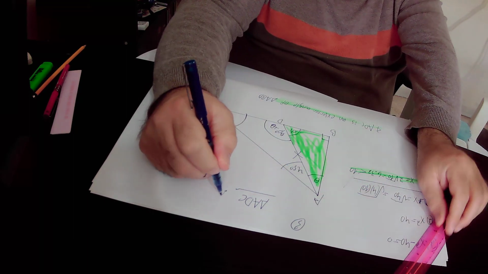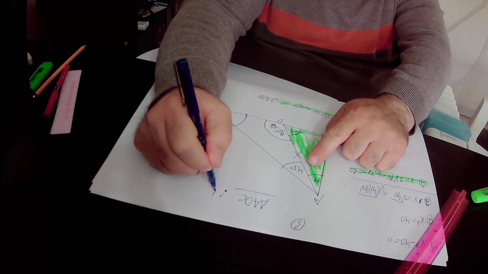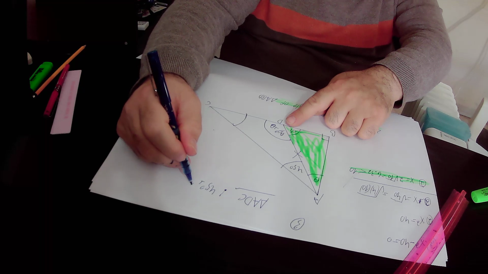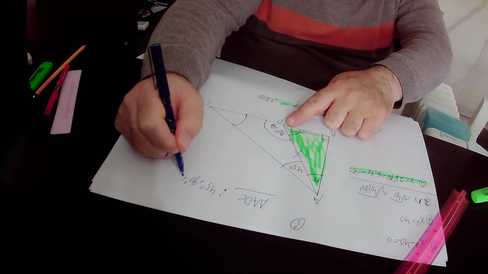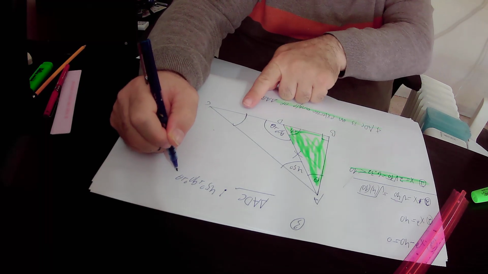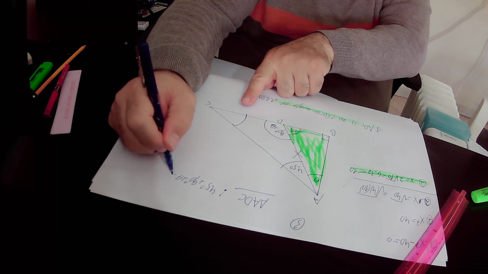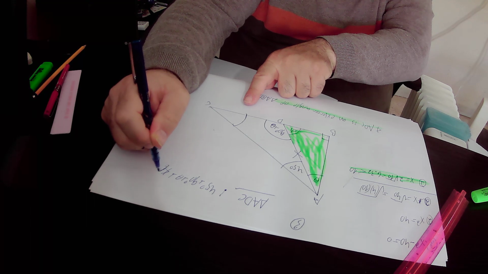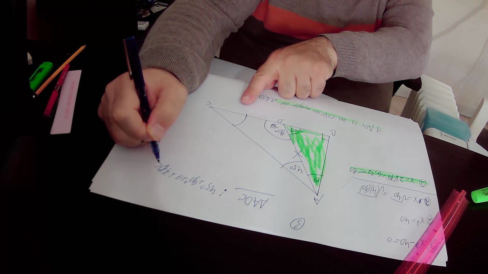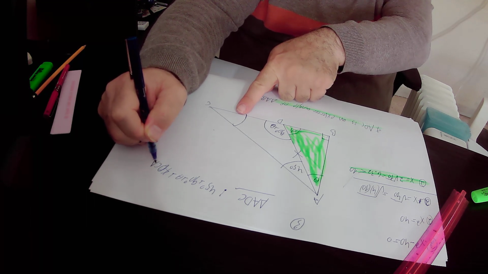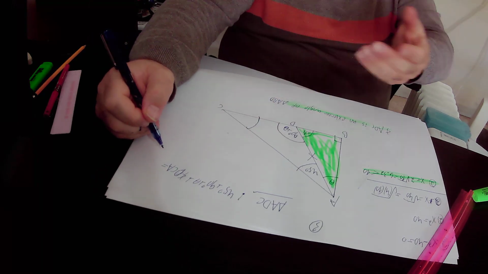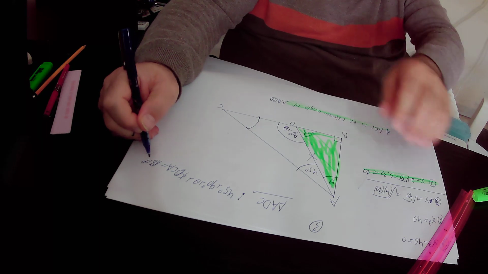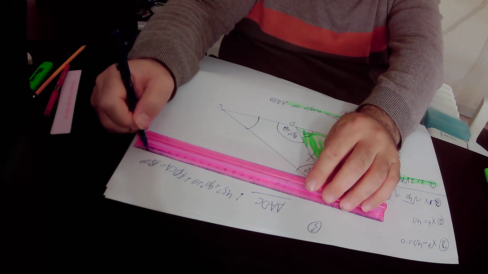We have this angle that is 45 degrees, and we have this angle that is equal to 90 degrees plus theta, and we have the missing angle, angle DCA. In total, the sum of those three angles must be equal to 180 degrees, according to the rule that the sum of the angles in any triangle is equal to 180 degrees.